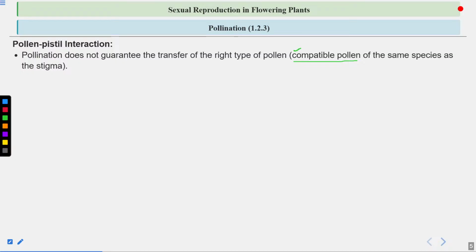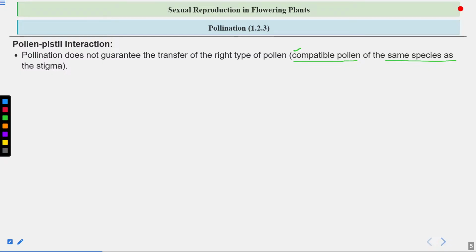So, what is the meaning of compatible here? First of all, let us understand that. Same species as the stigma. What does this mean? Suppose pollination is taking place between flowers. Basically, it is a bisexual flower if I am taking the rose example.